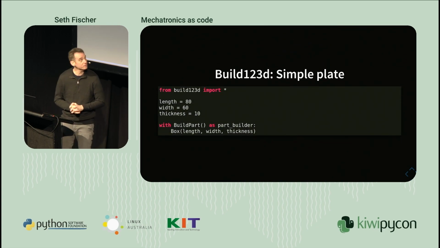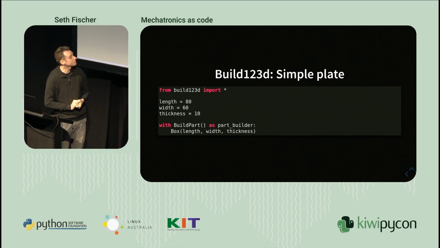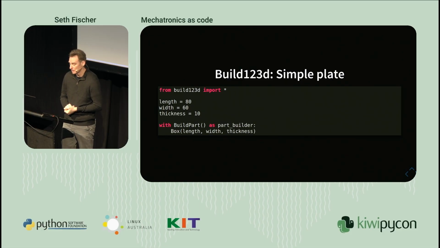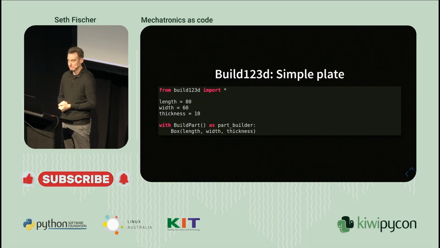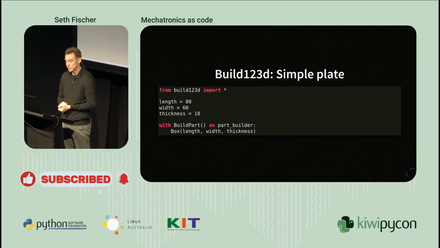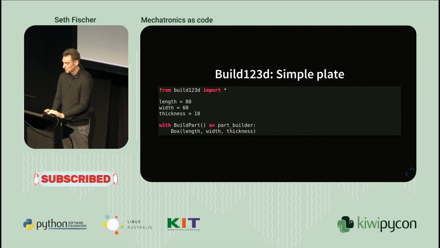It looks a little bit different. It doesn't use the fluent API as CadQuery does. So here's the same example that you saw on earlier slides to build a plate. We're using a BuildPart builder to construct a box.